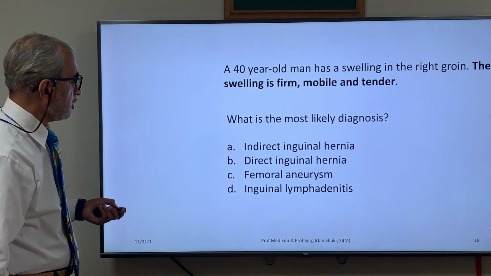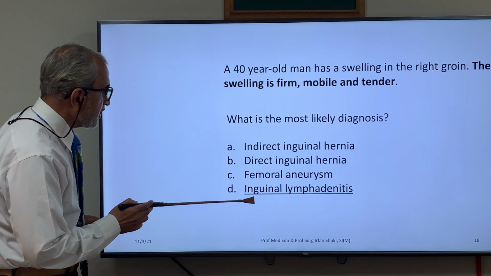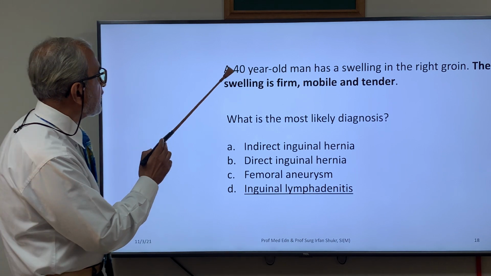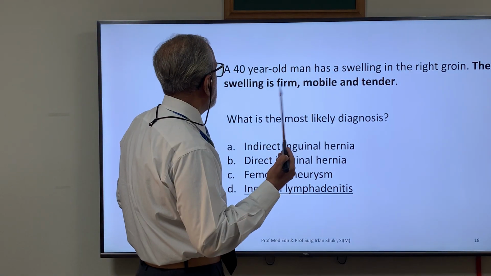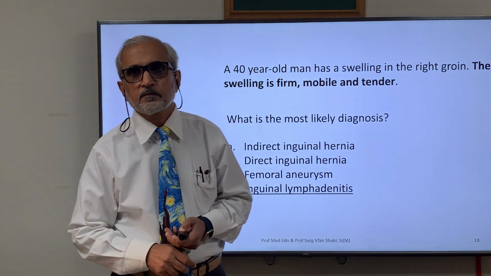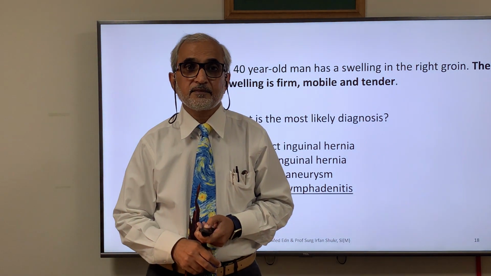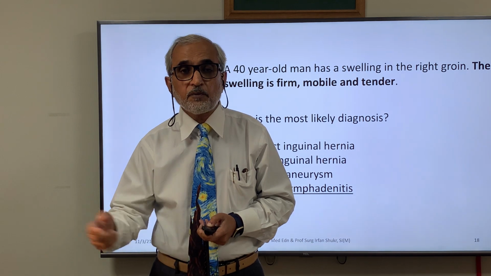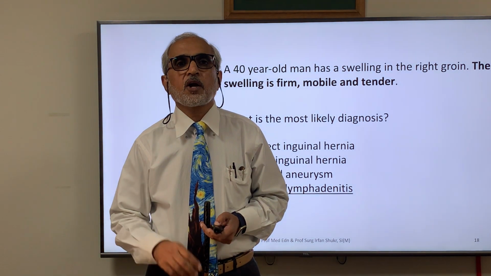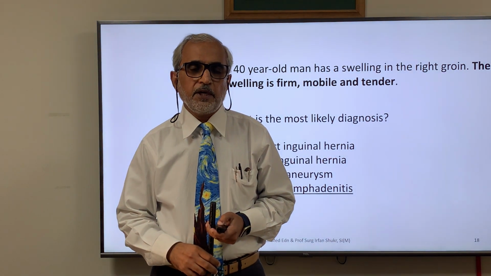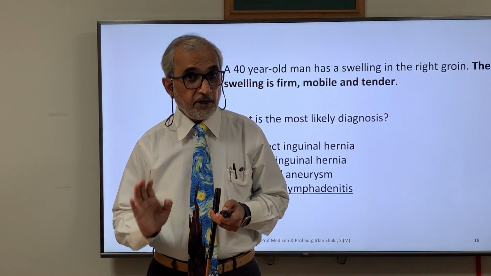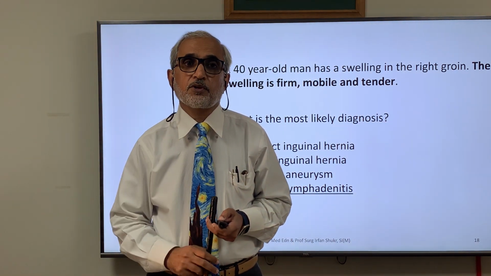You want to go more? I have chosen inguinal lymphadenitis, and the only thing I have changed is I have kept this sentence the same. The swelling is firm, mobile and tender. So by doing this, you can generate a lot of MCQs in less time. To construct a good quality MCQ usually requires between 20 to 40 minutes if you're making a high quality MCQ.